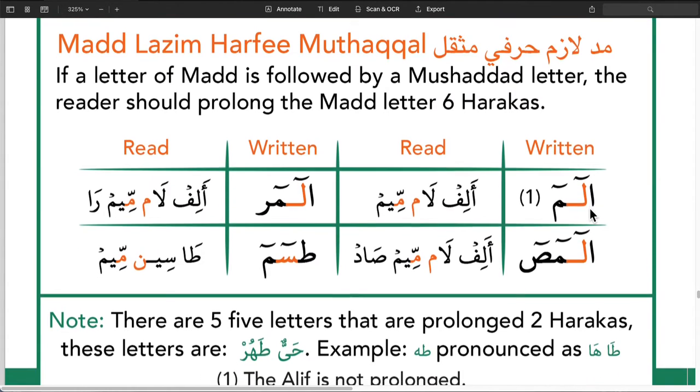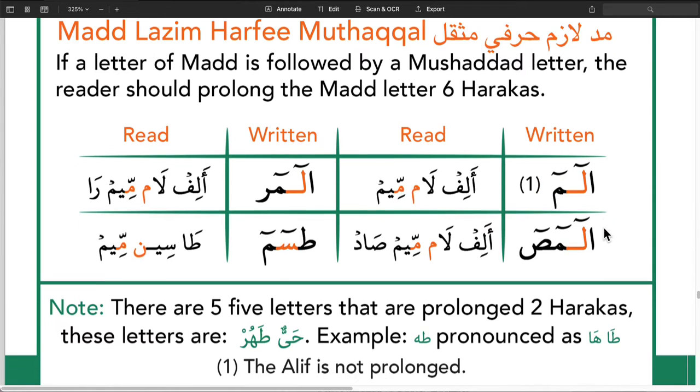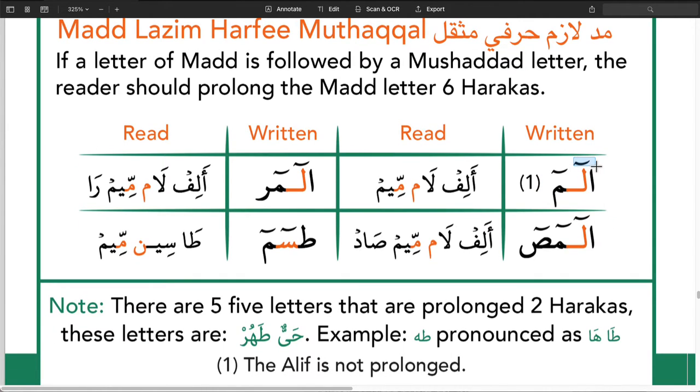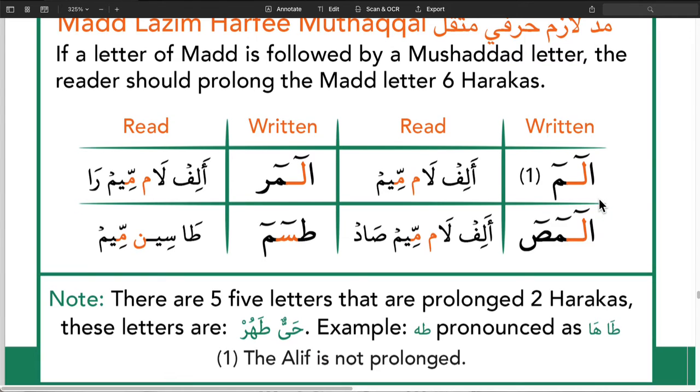Example, this is the beginning of Baqarah. Usually there's a sign, so it's okay. When you see that sign, it means that this meem has a shadda actually in pronouncing. This is the way it is read: Alif, lam, mim. I pronounce alif completely, no mad here.